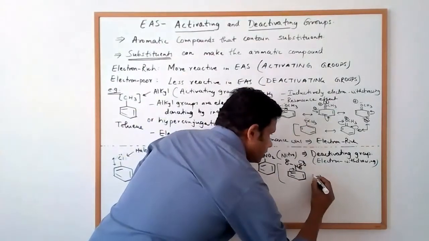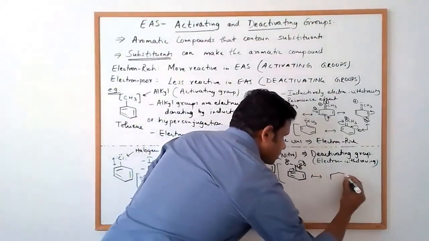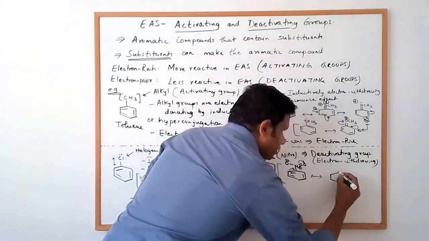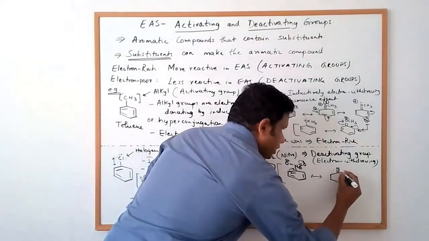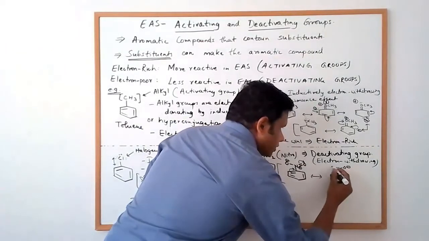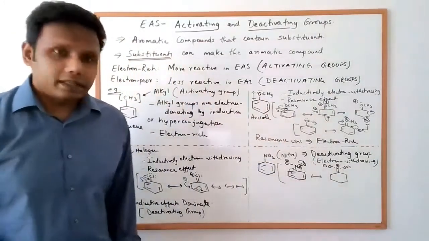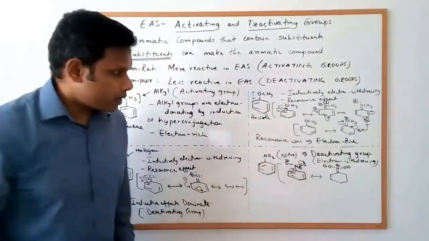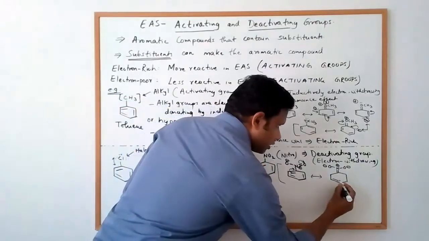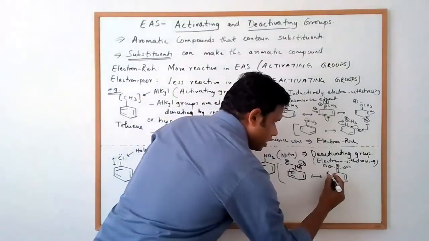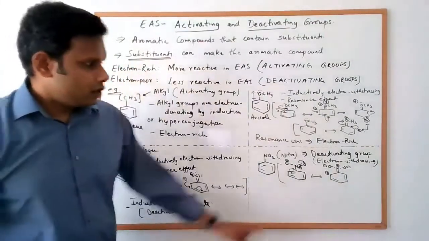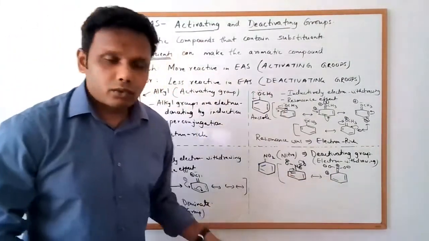And so we will get the first resonance form where we will have double bond N, O minus, and O minus with a positive charge, like that. That's going to be one of the resonance forms. I haven't finished it. Double bond here, and we will get a formal positive charge on the ring carbon.